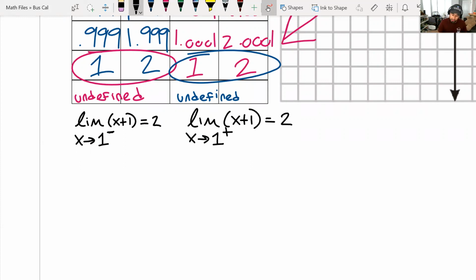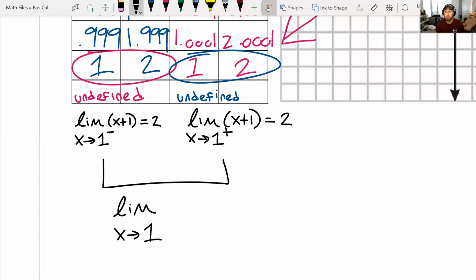So what we're going to write here is one last limit notation for you. Since the left-hand limit is 2 and the right-hand limit is 2, this means that the limit as x approaches 1 from both sides, now you see there is no plus sign, there is no minus sign on the 1. We leave it alone.